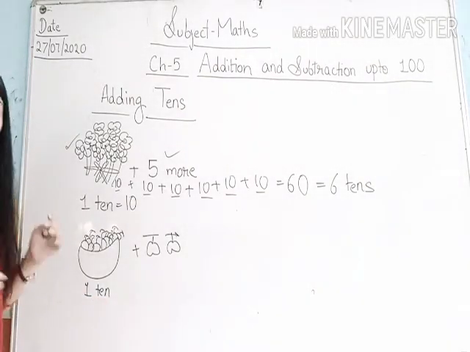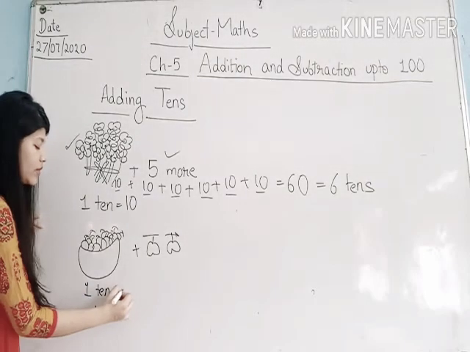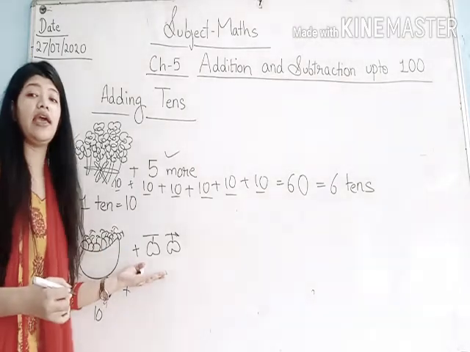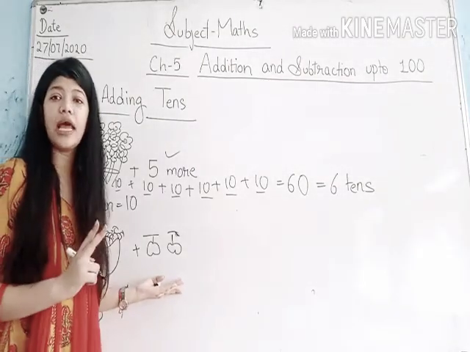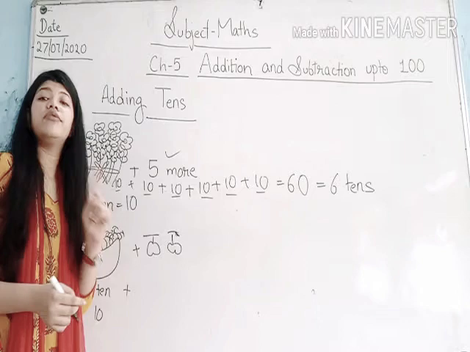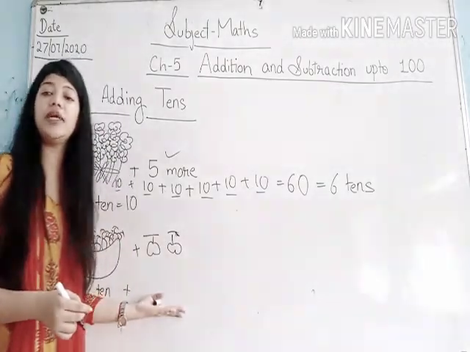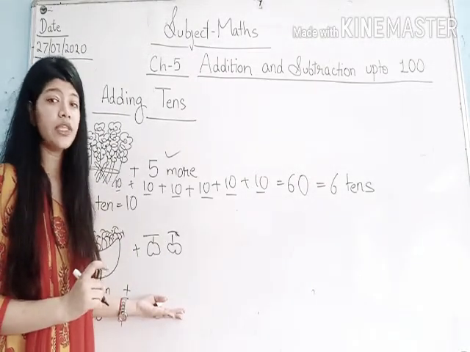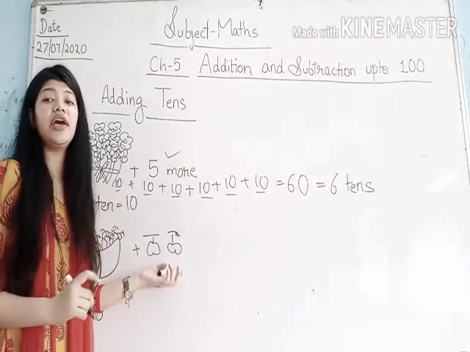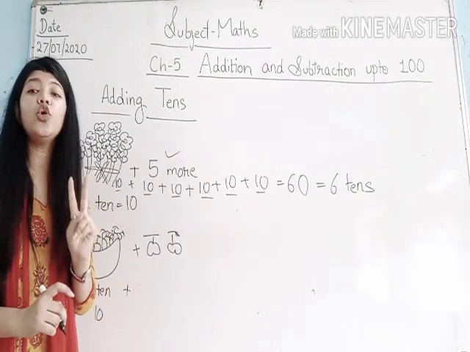and 1 ten means 10. Now see here. Here are 2 single apples. Single means 1, so it will come under the ones column. So 1 plus 1 means there are 2 ones.